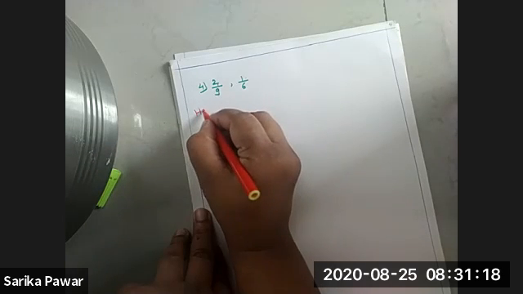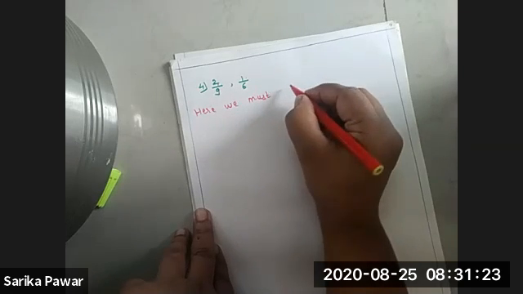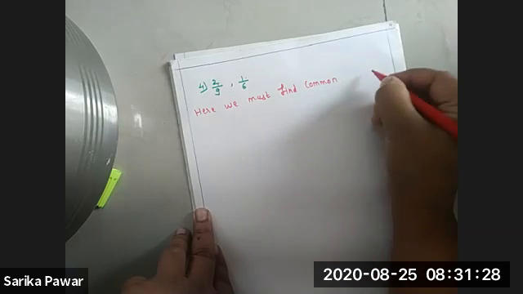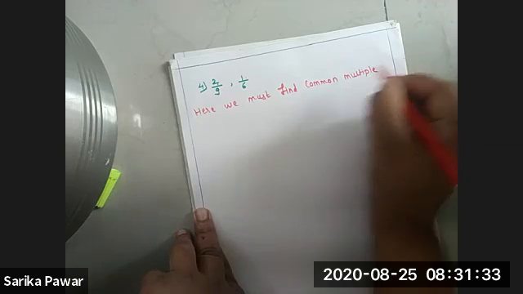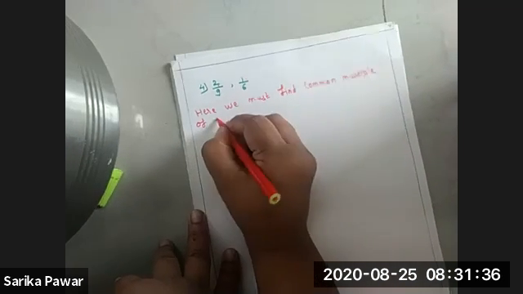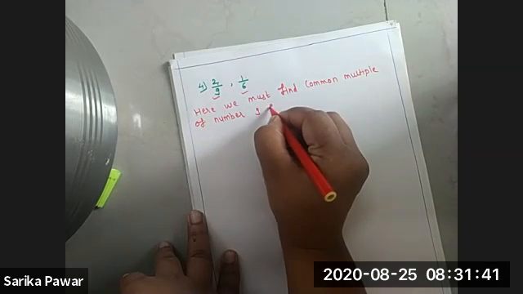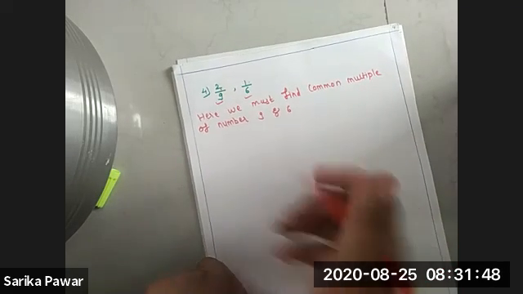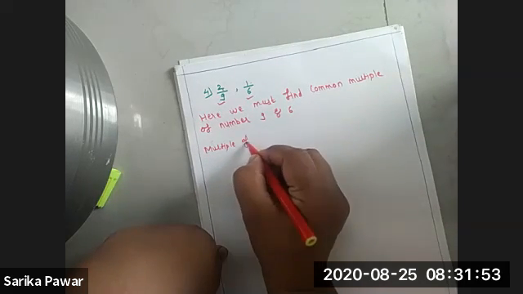So here we must find common multiple of number 9 and 6. See here, 9 and 6 are the denominators in given fraction. Now what to do? We have to write multiples of 9.